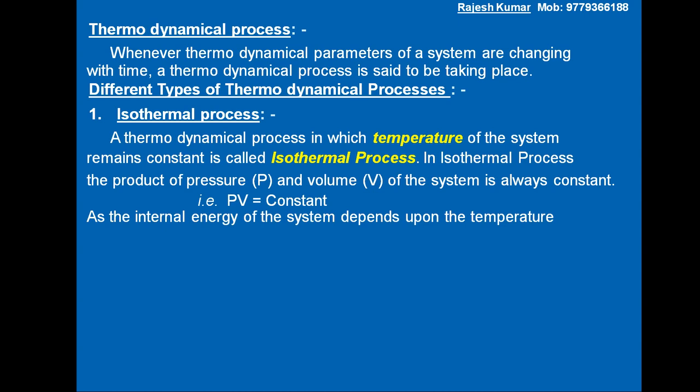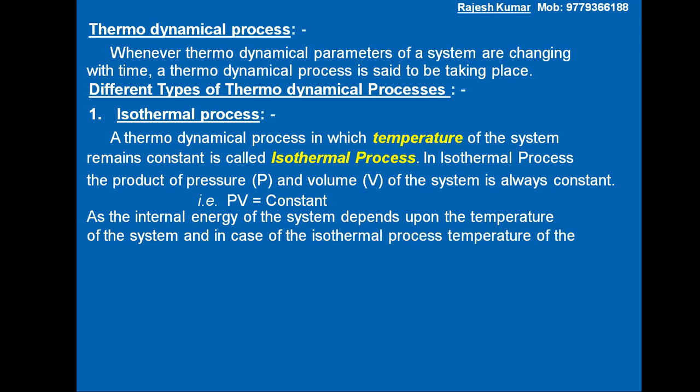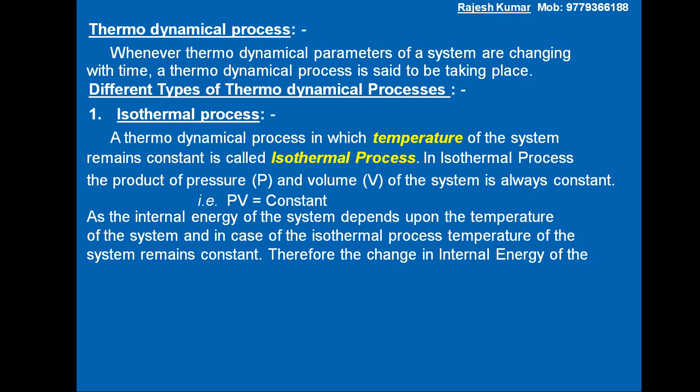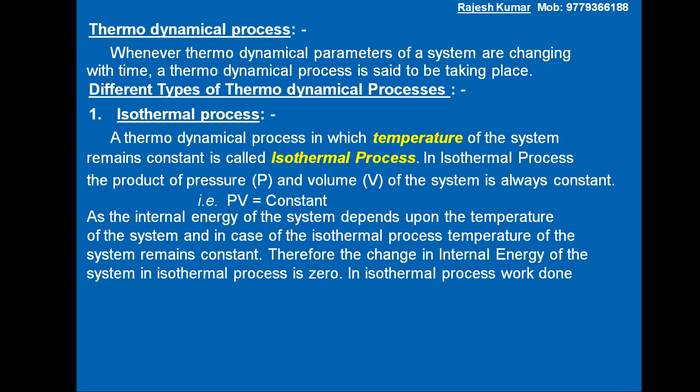As the internal energy of the system depends upon the temperature of the system, and in isothermal process temperature remains constant, the change in internal energy of the system is zero. In isothermal process, work done by a system is equal to heat given to the system. So this is something about the isothermal process.